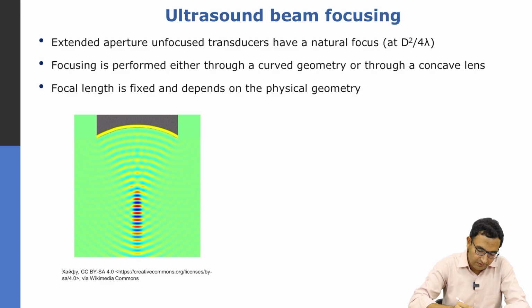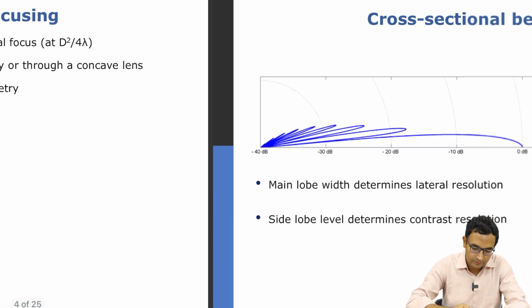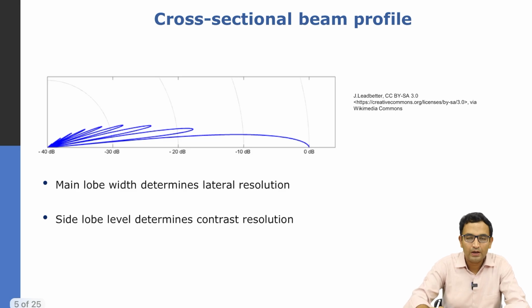Here is a picture where a concave aperture transducer is firing, and as you can see, it is focusing in this spatial region. Now if we look at the cross sectional beam profile, it will have a main lobe and side lobes. The beam is actually symmetric, so half of the beam cross section is shown in this image.